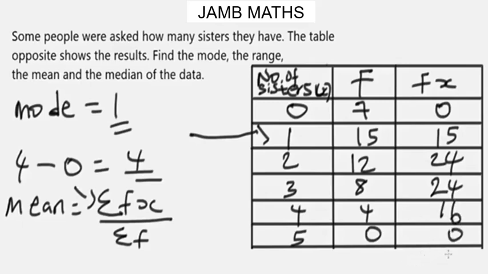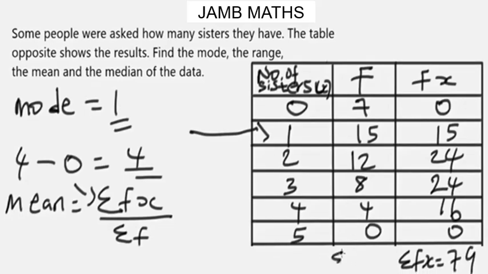When you add what you have at this fx column, your sigma fx will be 79. When you add the frequencies, your sigma f will be 46.